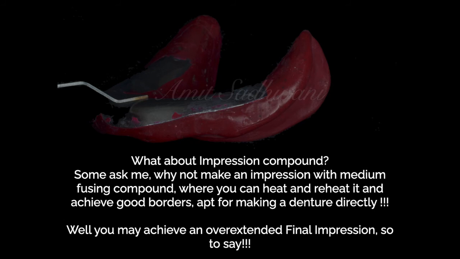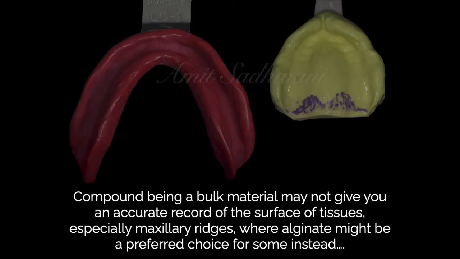You may end up with an overextended final impression if you are using impression compound. Your primary impression may look just like your final impression, but believe me, it's going to be grossly overextended. Compound, also being a bulk material, may not give you an accurate record of the surface of the tissues.